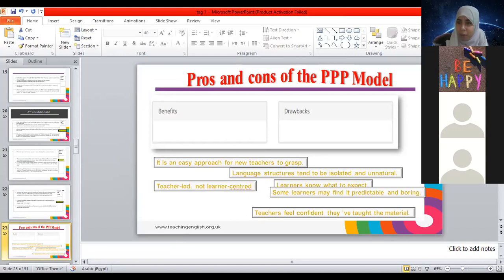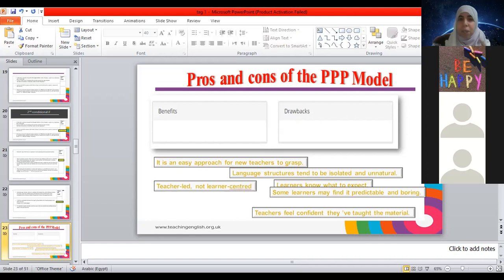They don't have enough experience, so it's easy for them to use the PPP model. And of course, the teachers feel confident. Why? Because I have something to do at the very beginning of the lesson. I'll show you the rule, the meaning, the form, and the pronunciation, and now it's time for you to do activities. So I feel confident when I do that, because everything is clear.